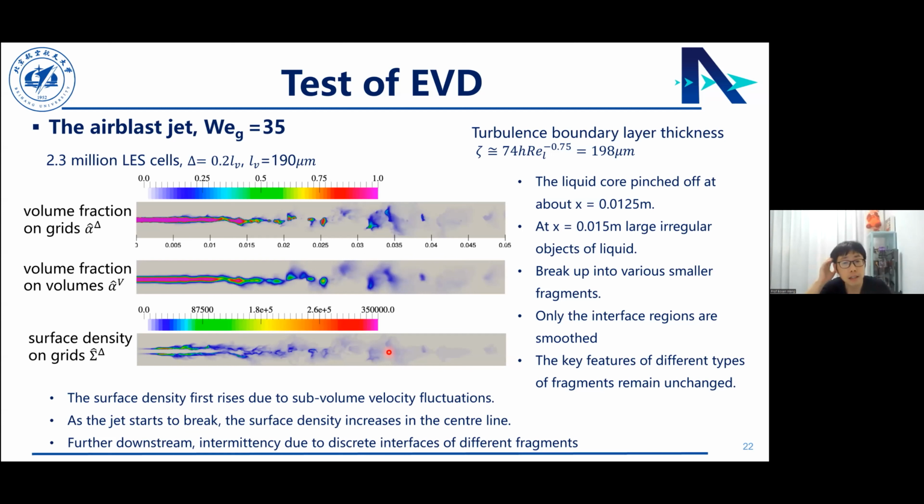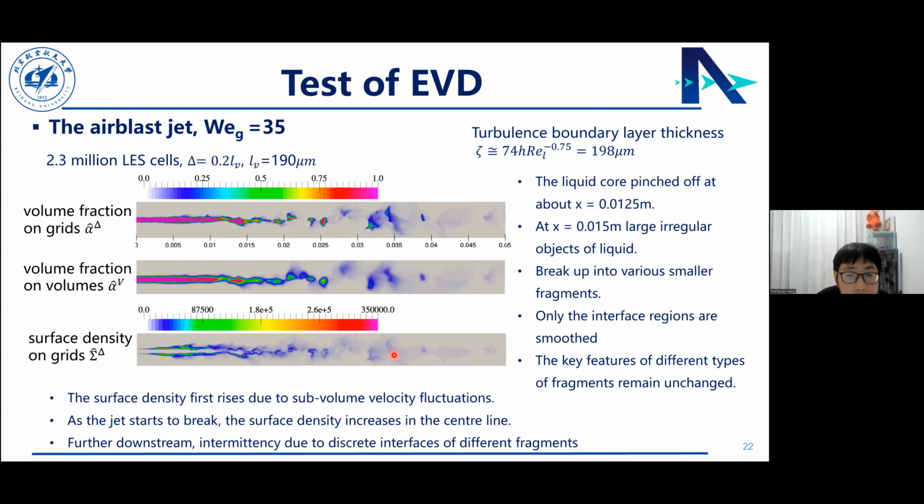Then we'll see a demonstration of the volume diffusion model, as we proposed. We see the volume diffusion increases smoothly from zero before breakup.